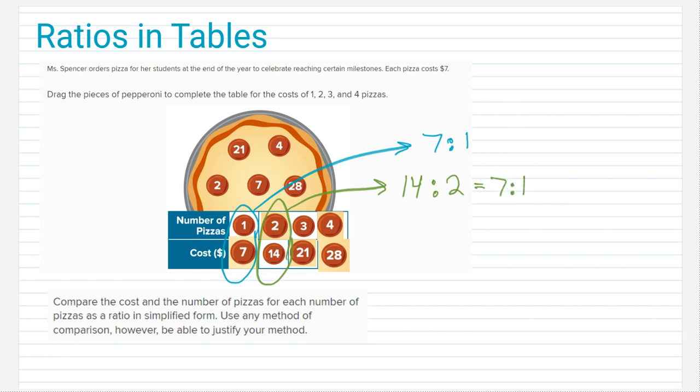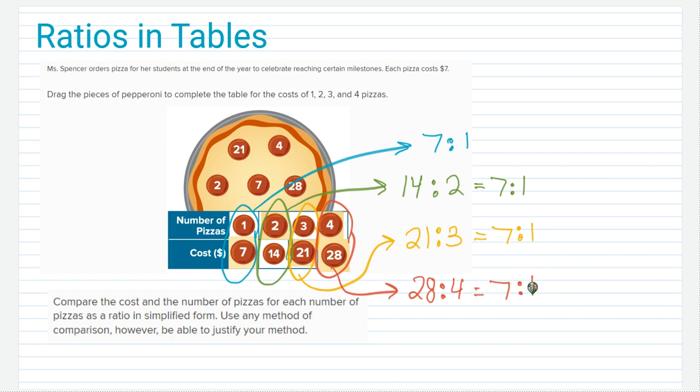Then if I take a look at this next ratio, this $21 for 3 pizzas, if I simplify that ratio by dividing each part of it by 3, we get the simplified ratio of 7 to 1. And then last but not least, if we take a look at this $28 for 4 pizzas, we get the simplified ratio of 7 to 1 when we divide each part by 4.